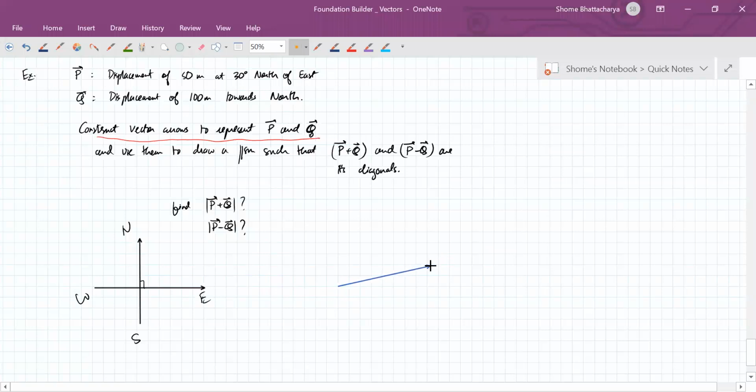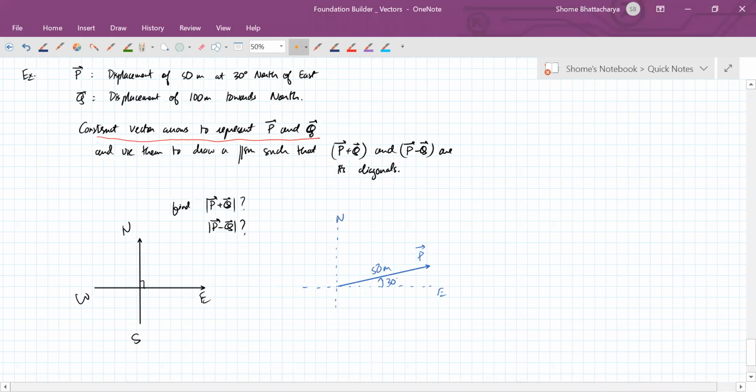P should become, let's say, a vector like this, which is a displacement of 50 meters magnitude, but such that this angle with respect to the east is making an angle of 30 degrees, but towards which direction? Towards the north direction. So this is what my vector P should look like.